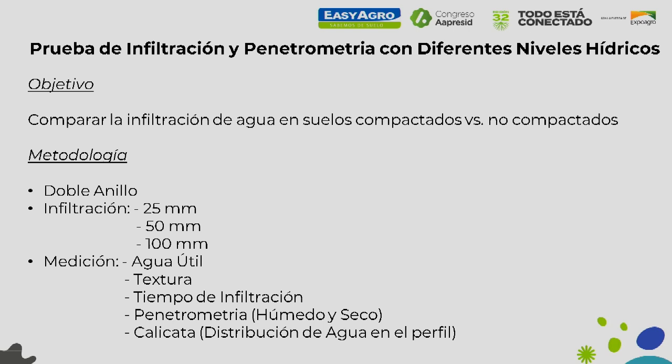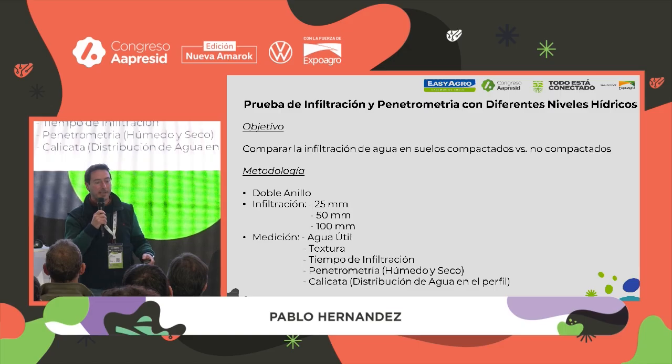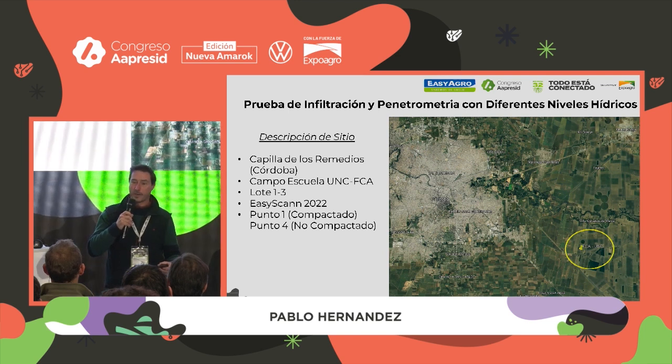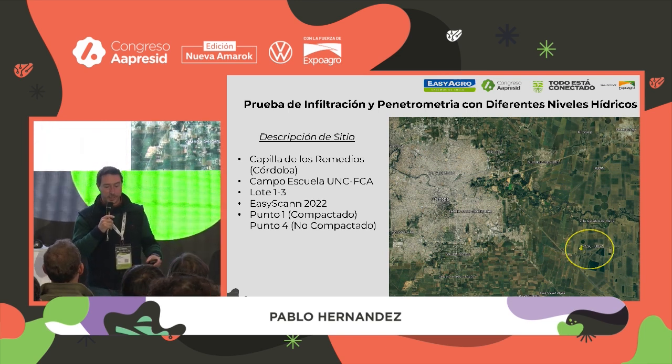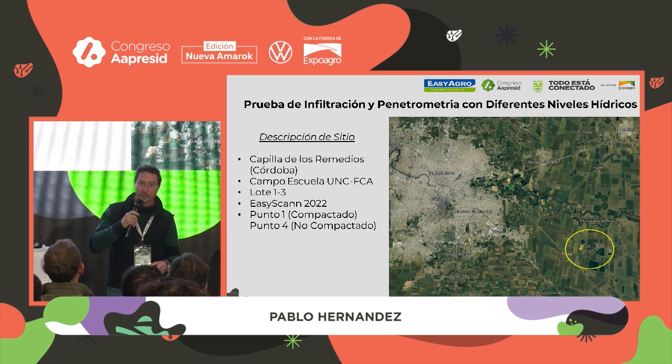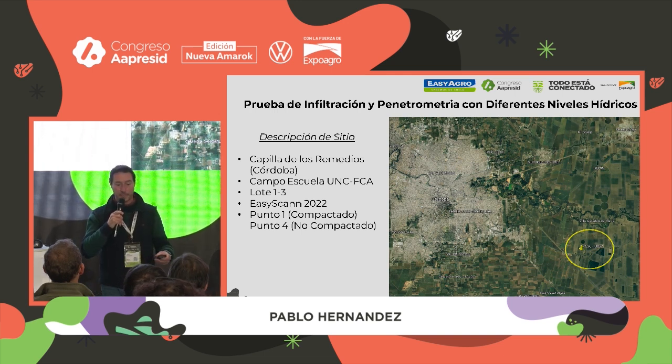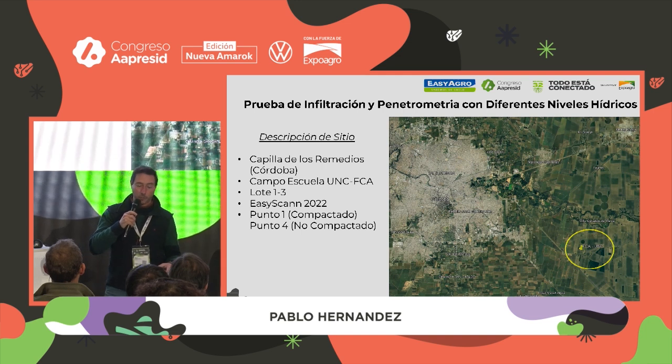We have done a measurement of useful water before the test. We analyzed the texture of the soil. We determined the time of infiltration for each type, and subsequently a new penetrometry in humid and dry soil, and then we did the trial pit. And this essay was conducted in Córdoba.